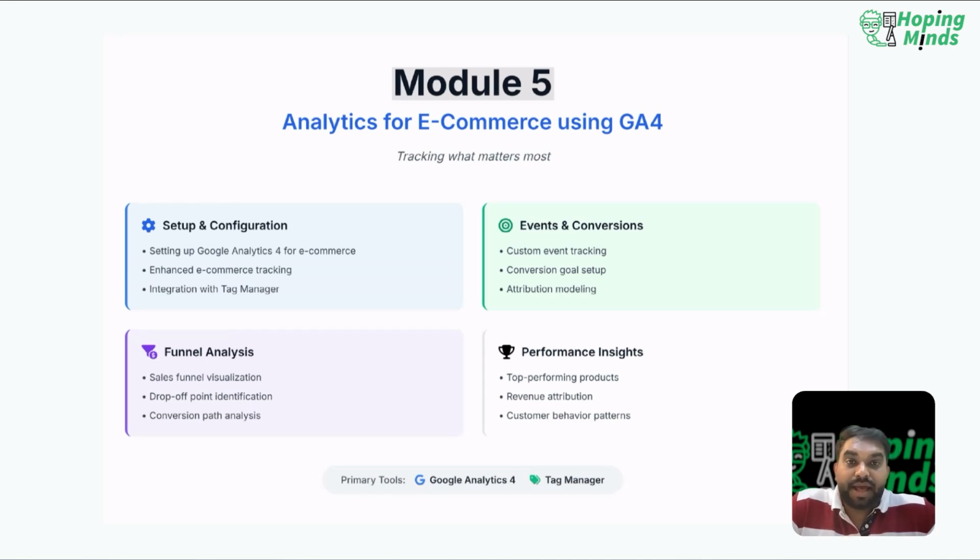And once you build the habit of checking these insights weekly, not just once a quarter, you'll find opportunities to improve that no tool or consultant could ever point out, because the answers are right there in your own data. GA4 is not about tracking for the sake of tracking. It's about building a system where your store starts talking back to you. It tells you what's working, what's weak, and what needs attention.